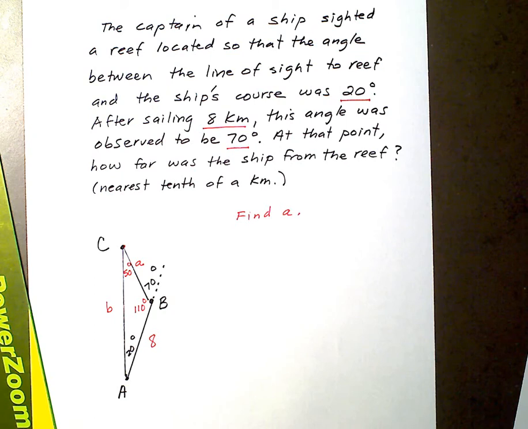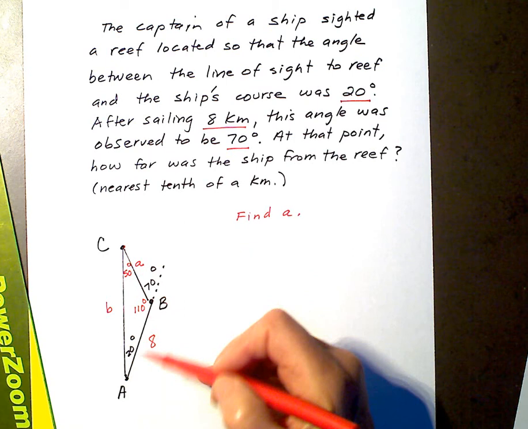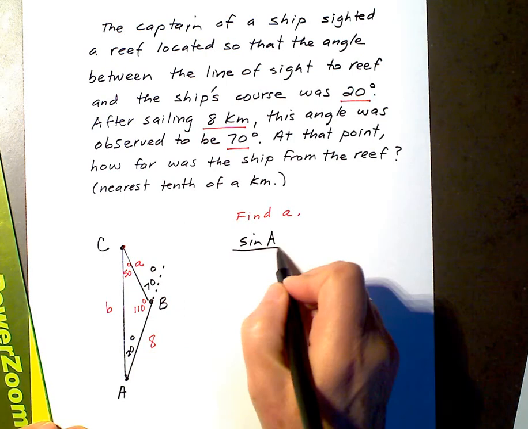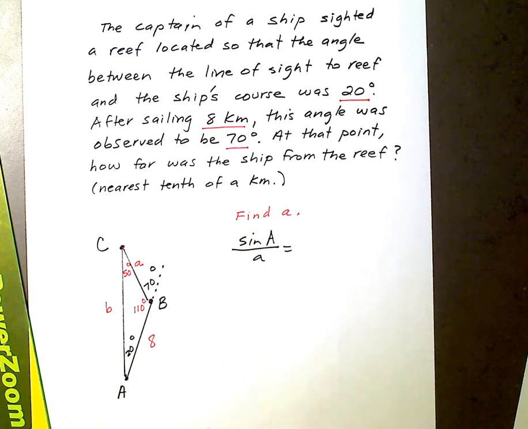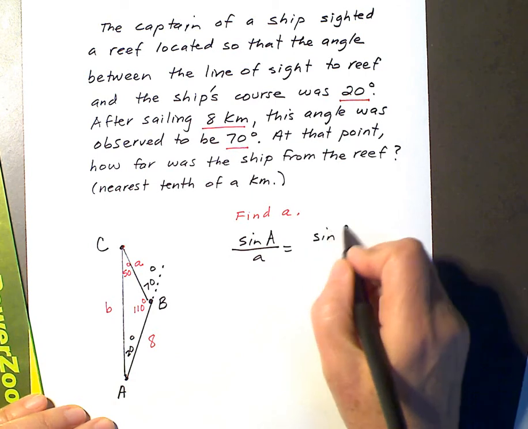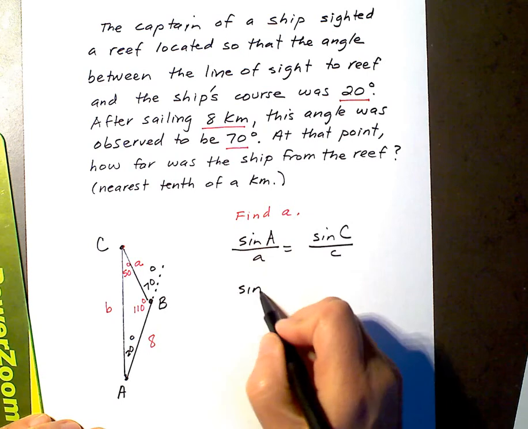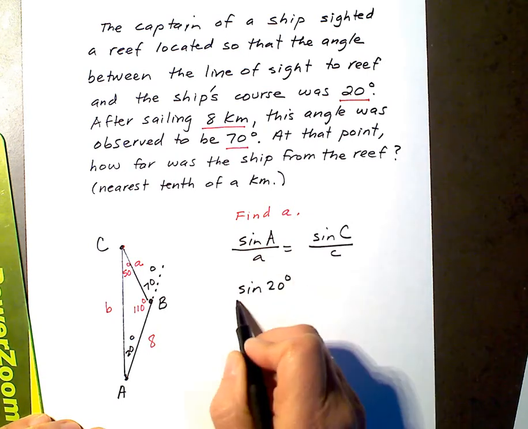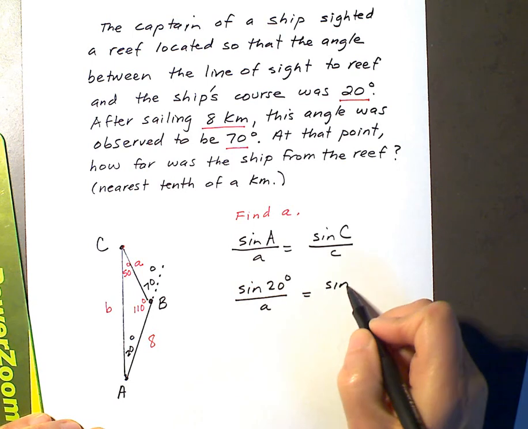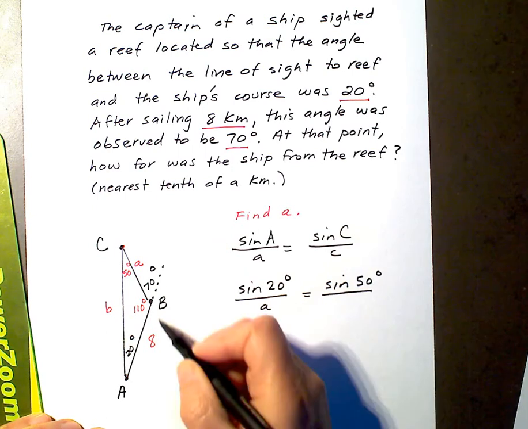So now I can say sine of A is to A as sine of C, angle C is to side C. So the sine of the 20-degree angle is to A, which I'm trying to find, as the same ratio as the sine of angle C, the 50-degree angle, is to side C, which is 8.